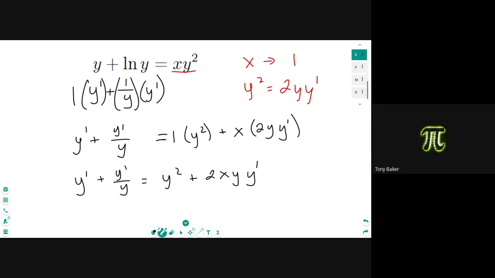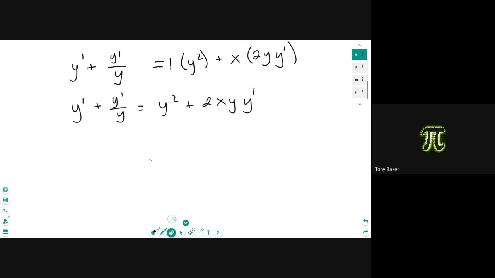Okay. So now I want to move all of my y primes to one side and leave everything else on the other side. So I have y prime plus y prime over y minus 2xy y prime equals y squared.